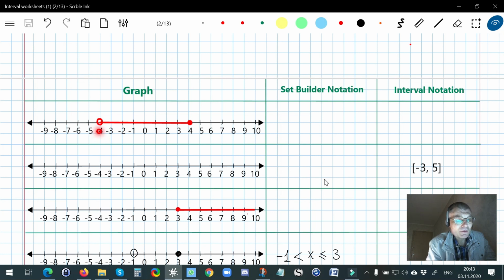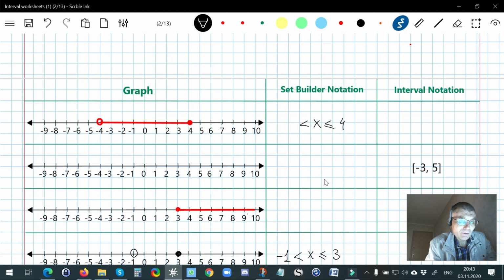an open interval here, which I know from this circle, closed here, and it stretches from -4 to +4. In this case, I write x is lower than +4 and equal to.